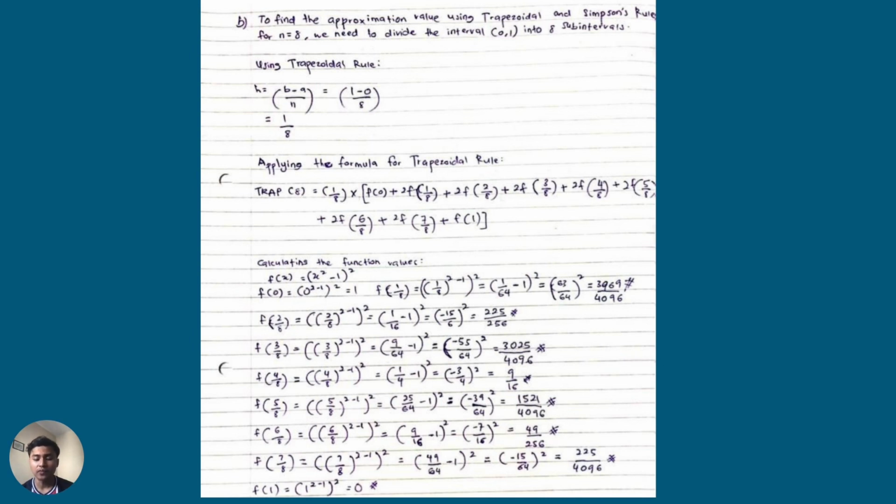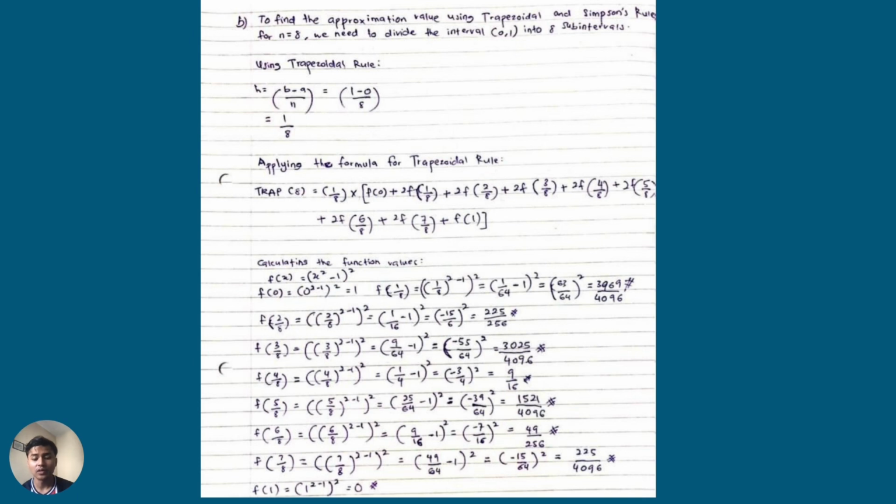And the second, f(1/8) equal ((1/8)^2 - 1)^2, equal with (1/64 - 1)^2, equal with (63/64)^2, and we can get the answer equal with 3969/4096.